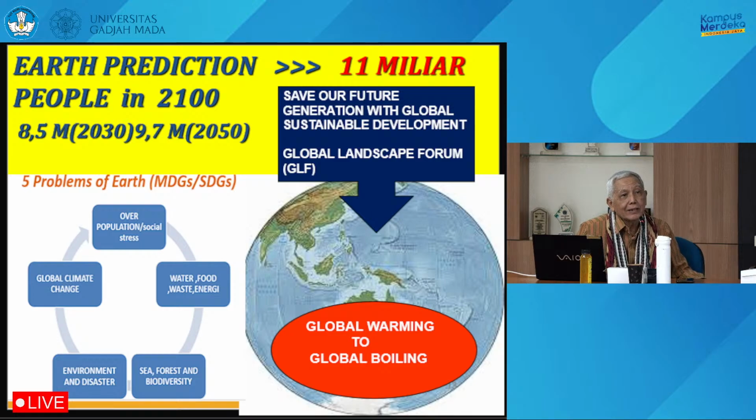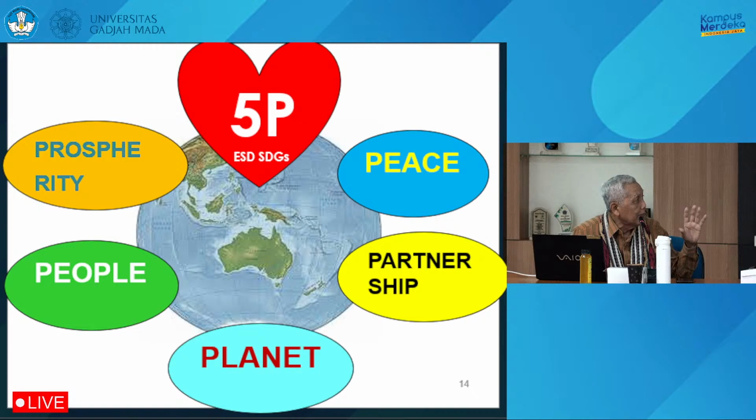The global crisis of water, food, energy, and biodiversity, and rising sea level. So we have what we call the 5P: people, planet, peace, prosperity, and partnership. These are 5 points.